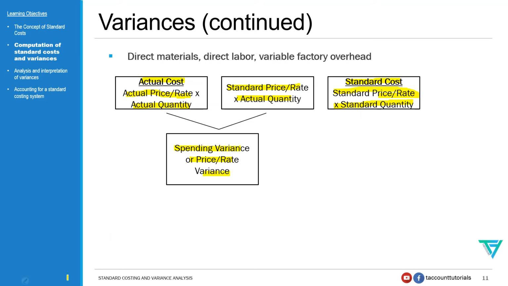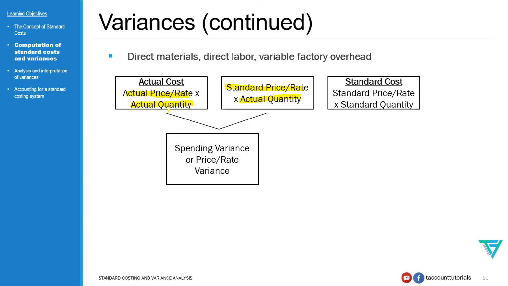Okay, now why is that the case? So it's very important to note here what actually are the independent variables which are moving or are changing, so as to determine what is the cause of the difference. Okay, so when we go from left to right, actual cost less this middle figure here, we can notice that the actual quantity did not change, whereas the price was the variable which changed, right?